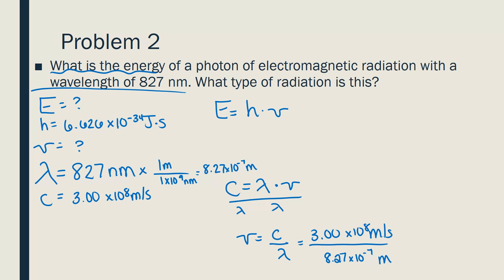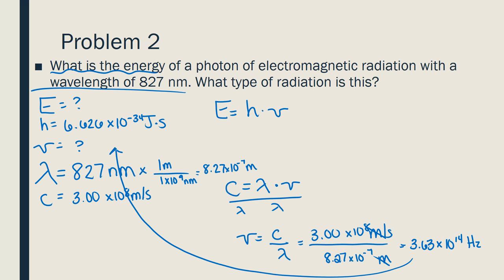With those canceling, and keeping 3 sig figs, I get an answer of 3.63 times 10 to the 14th. And this is per second, 1 over a second, or hertz for frequency. Now that gives me this piece of information, which allows me to solve for my energy.